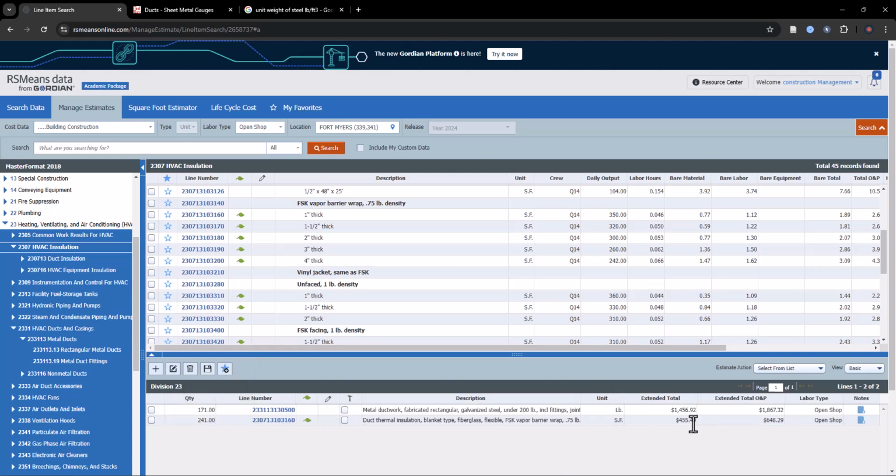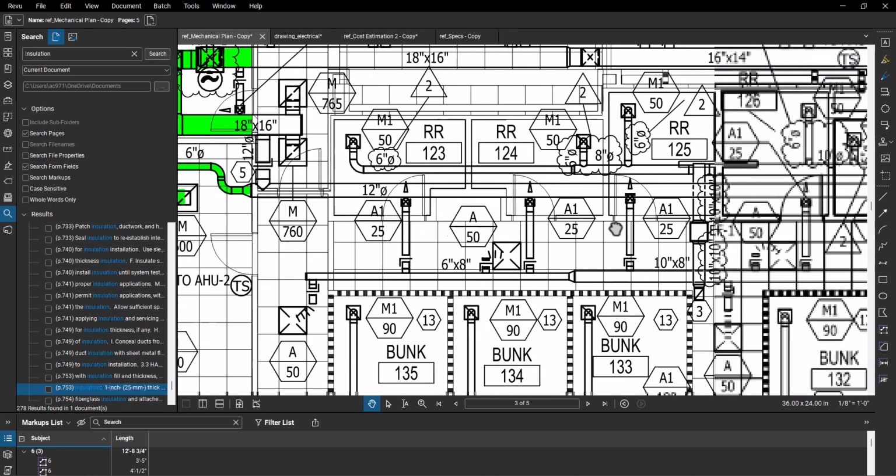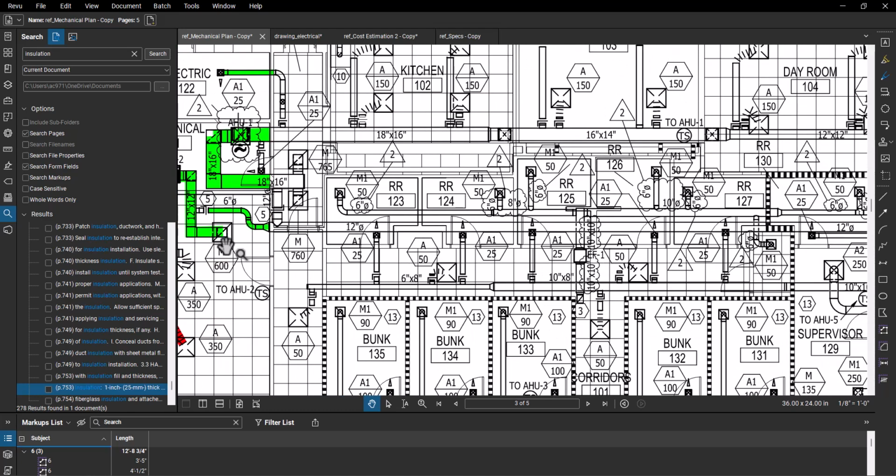Okay, so this is the insulation, and this is the metal duct. You see the value over here is quite low. The reason is because we just measured a small area. Imagine in the whole building, it's gonna have a lot of ductwork running in many places. The cost will be higher.